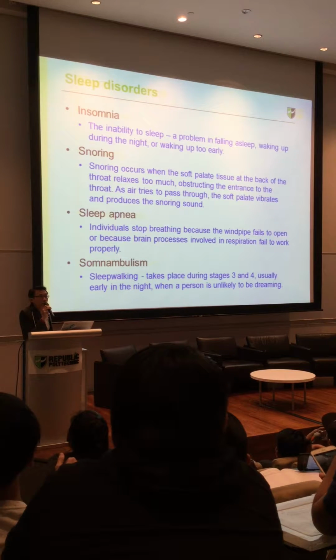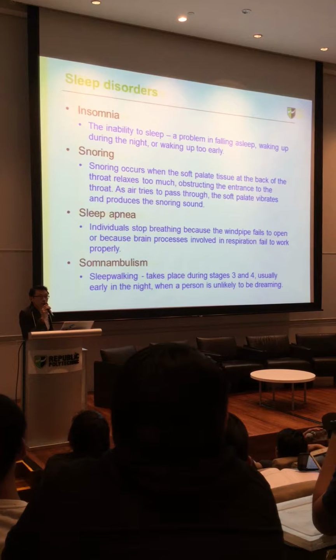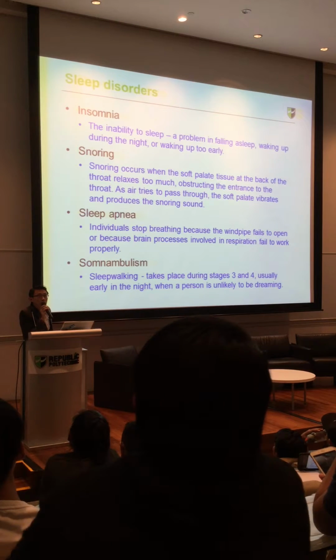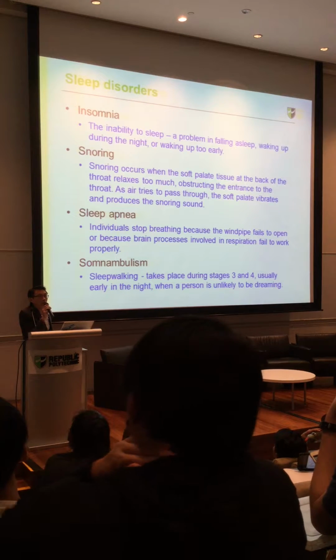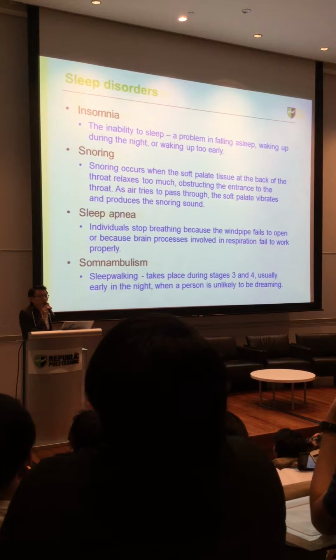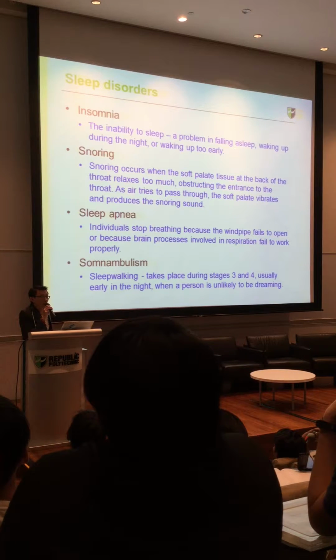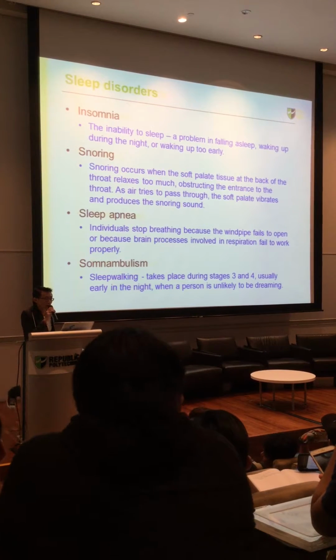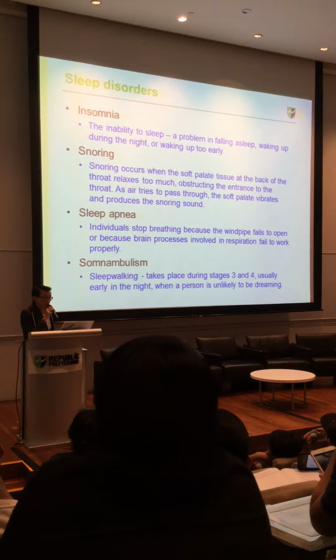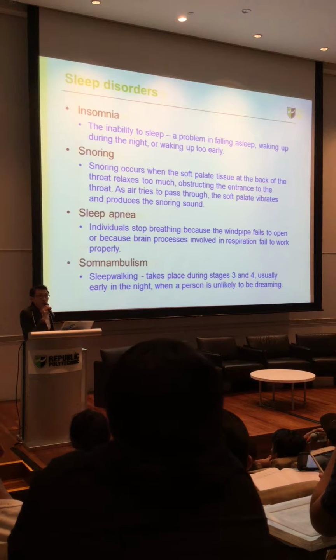In this case, if you have more than these sleep disorders, they do not count. For the sake of the exam purposes, I only want to see what's in the 6P, because there's too much under the sun. So I only know 4 of them. I've got very limited IQ. Alright, so insomnia, snoring, sleep apnea, and the last one is sleepwalking.